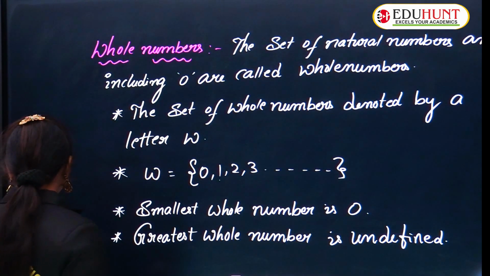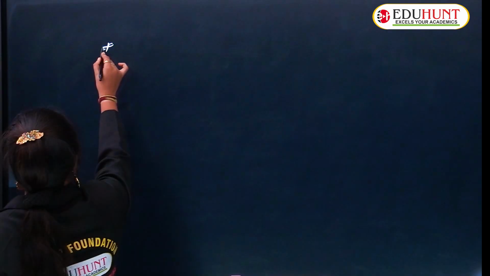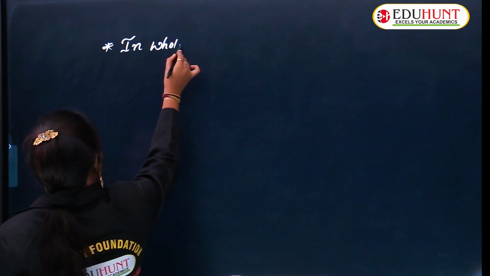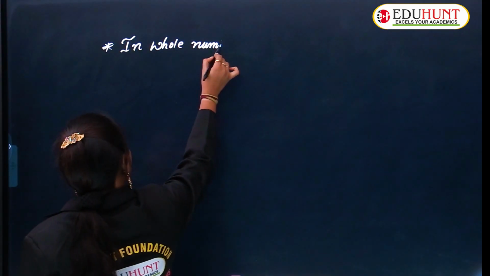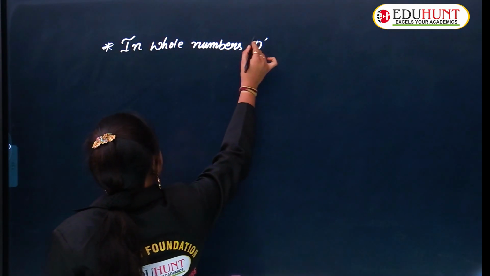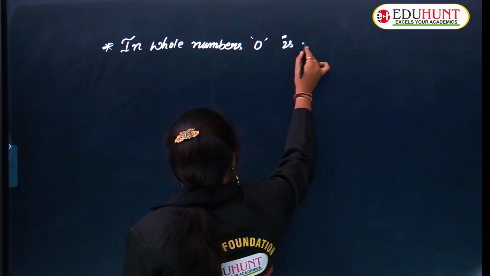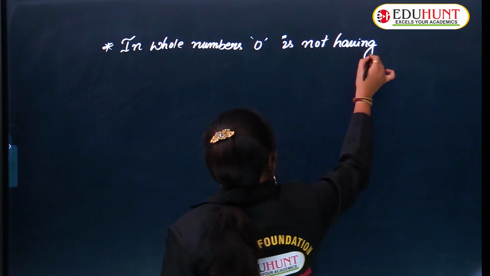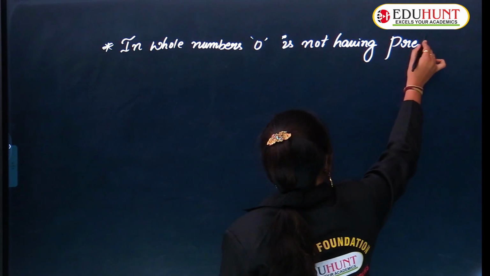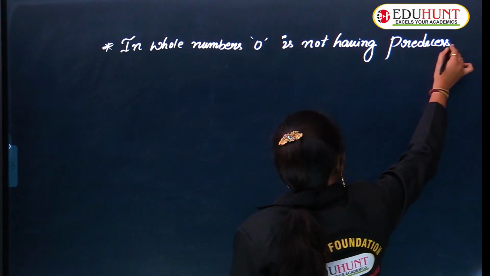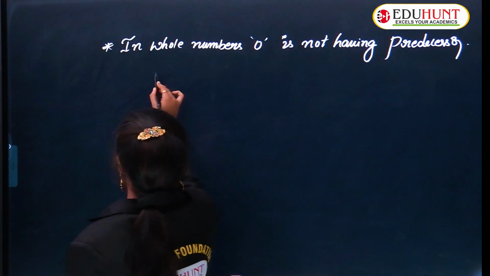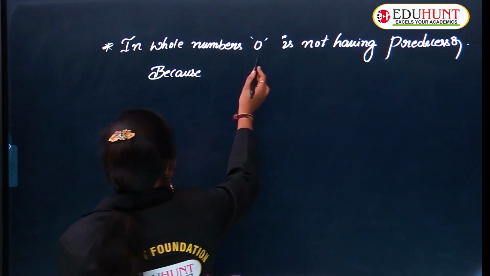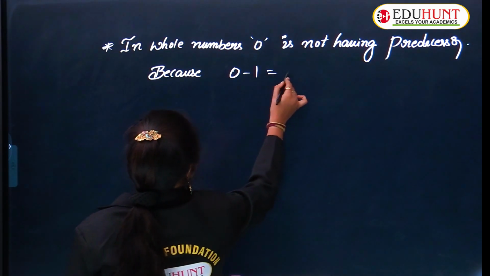Now see that in whole numbers, 0 does not have a predecessor. Why? Because 0 minus 1 is equal to minus 1.